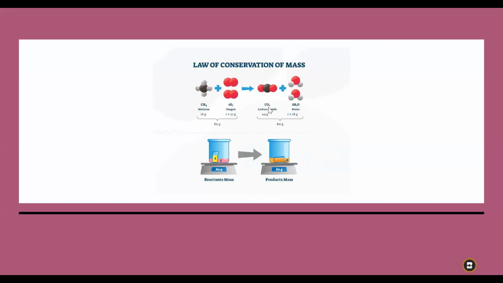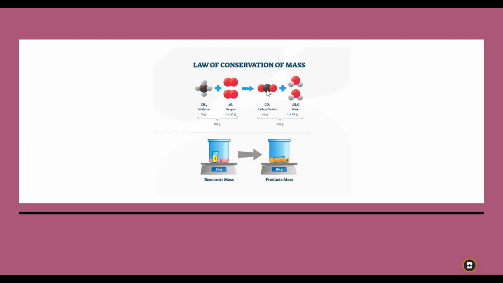One set of CO2, and then 2 sets of water. Now, if we count the number of each kind of atom on the reactant side and the product side, let's see. There's 1 carbon on this side, and there's also 1 carbon on this side.